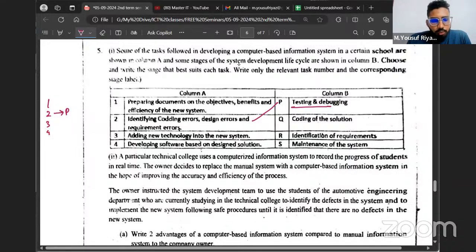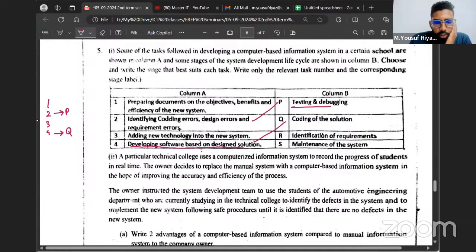Coding the solution. Which one suits the most for coding the solution? 1, 3, or 4? Yes. See, they have mentioned developing the software based on the designed solution. You're going to develop. You're going to create the software. So creating the application comes in the developing stage. So number 4 is going to be representing Q.